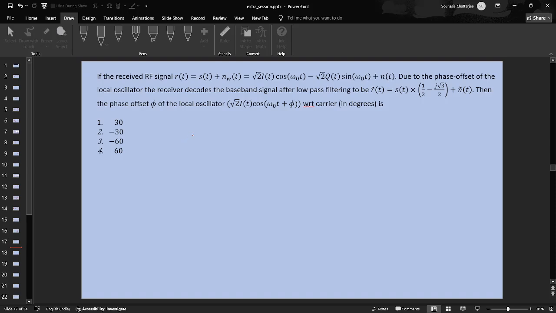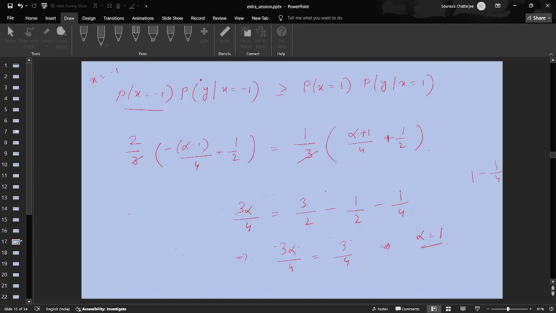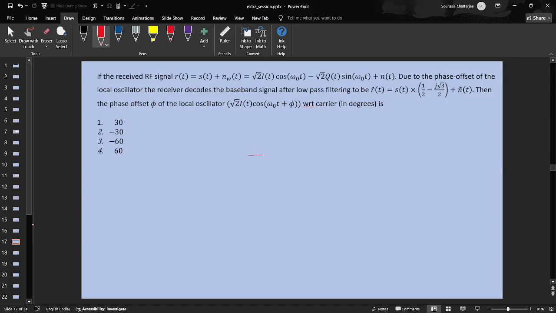So first of all, what do we exactly do with this r(t)? We have this local oscillator thing, we have r(t) that comes into picture. So what is being multiplied with respect to local oscillator?